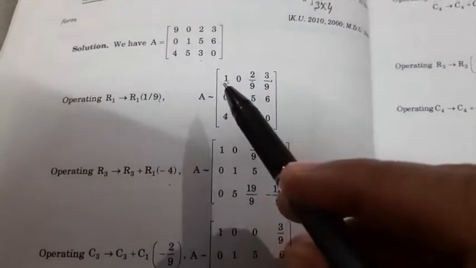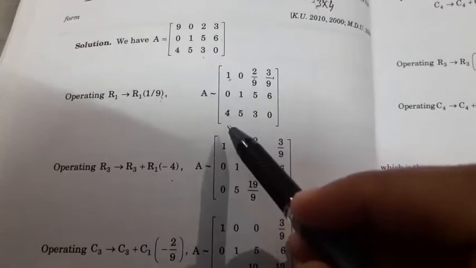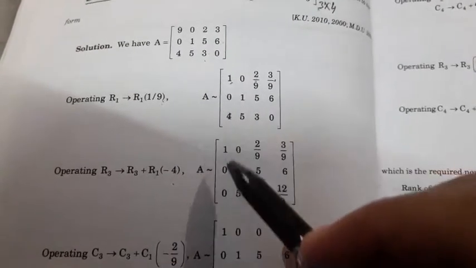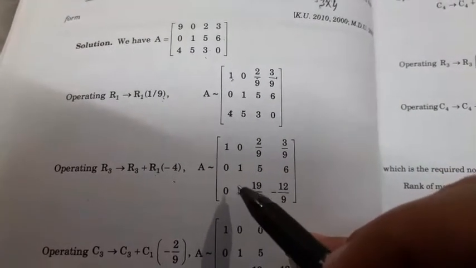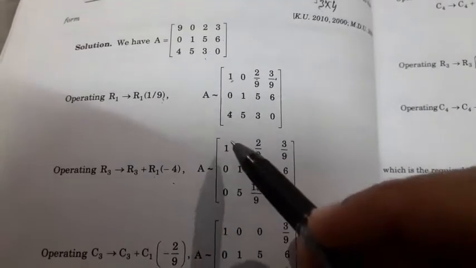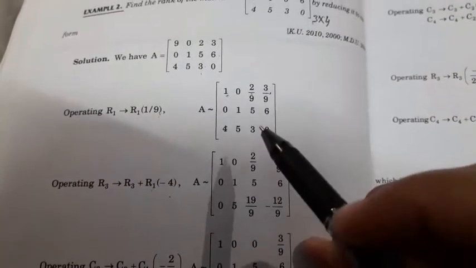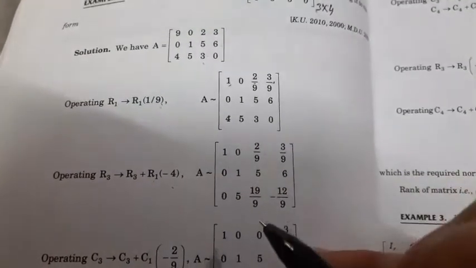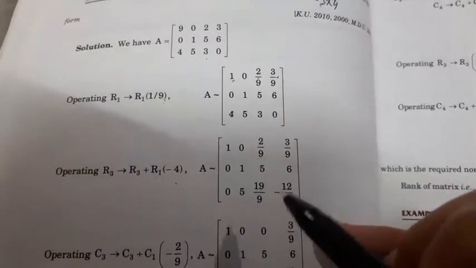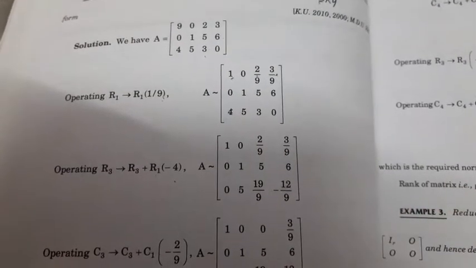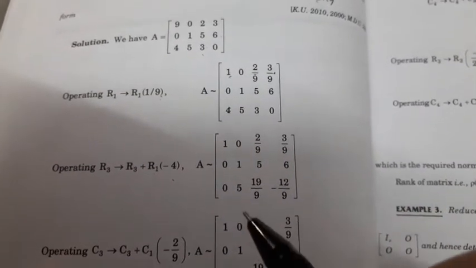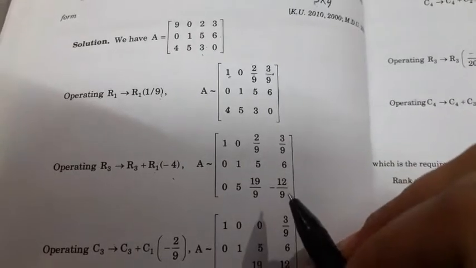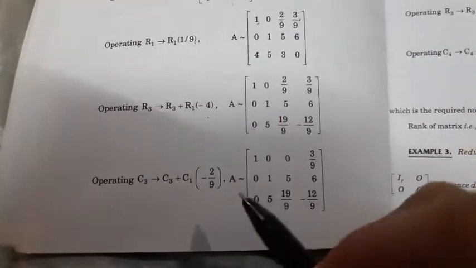In the third row, we multiply by 4 and subtract. So 4 minus 4 becomes 0. This element has no change, 5 minus 0 is 5. And 3 minus 8 by 9 is 19 by 9. And 0 minus 12 by 9 gives negative 12 by 9.